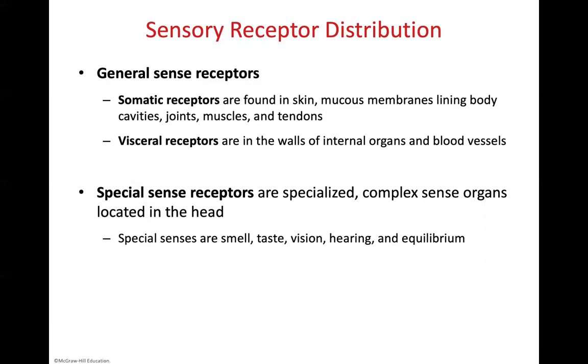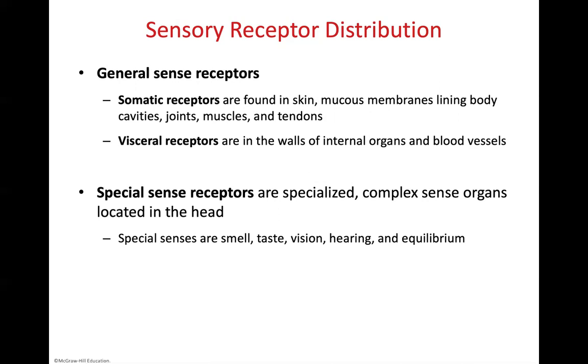You have individual receptors for each one of those stimuli. The visceral receptors are those that are in the walls of the internal organs and the blood vessels. These are the same type of receptors, it's just where they are. So these are detecting stretch, temperature, pain, still general sense receptors, but they're now on the inside of the body.